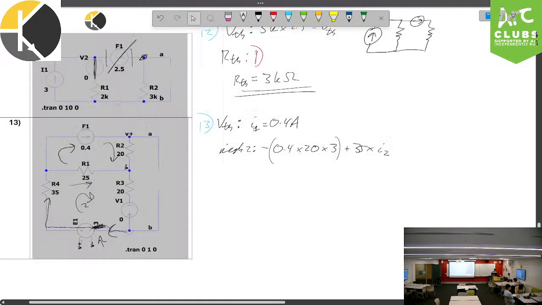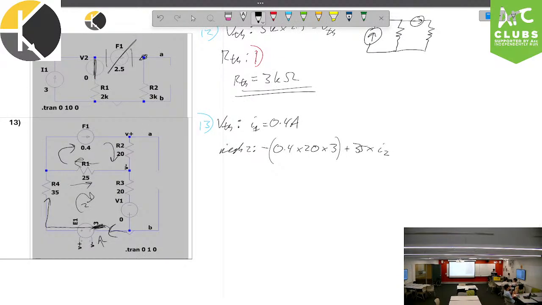and it gives us a funny equation because the current going through here is going through the difference of the two meshes, right? So we say plus 25. Remember, I'm talking about it as though it has a plus and a minus here. That's how it's running through the circuit. And so I say I2 minus 0.4.